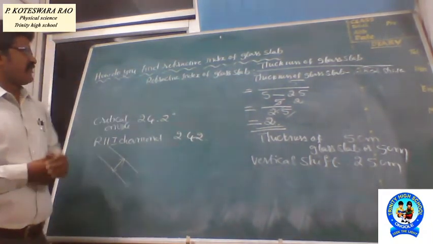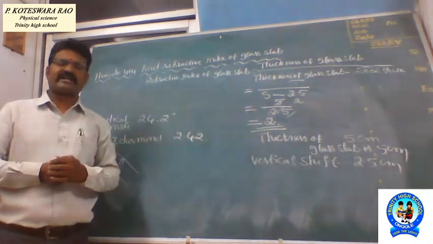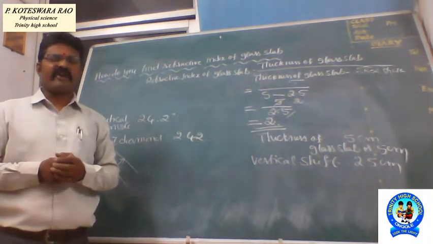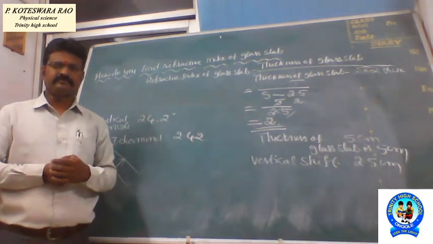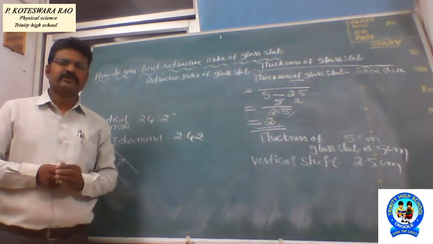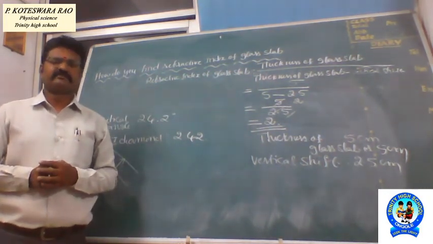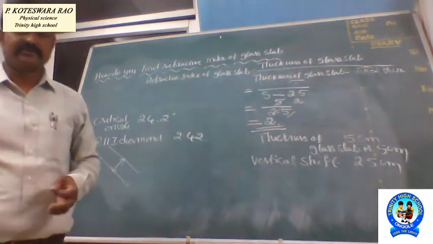How is vertical shift defined? The distance between two vertical lines is called vertical shift. Next, what happens when a light ray travels through a glass slab? Normally, it is undeviated.